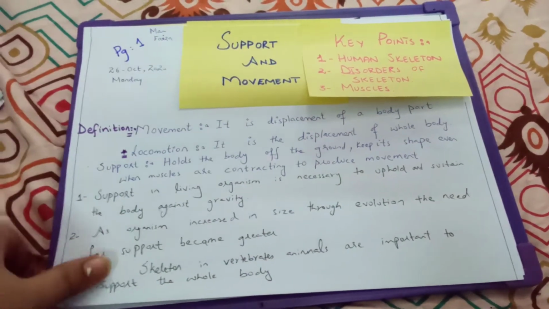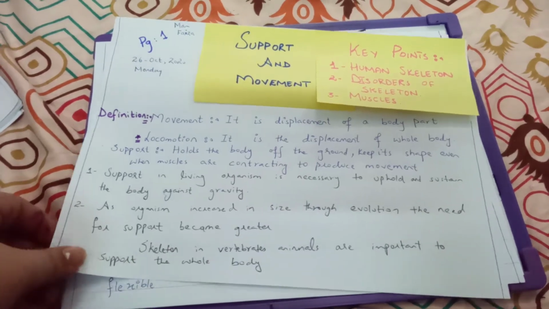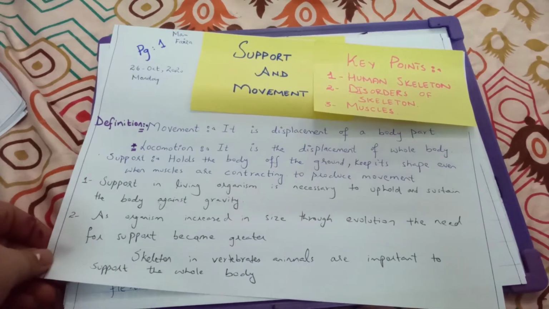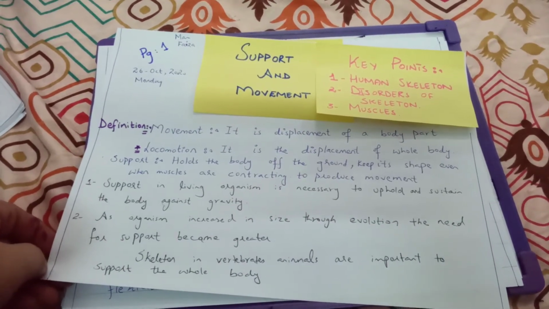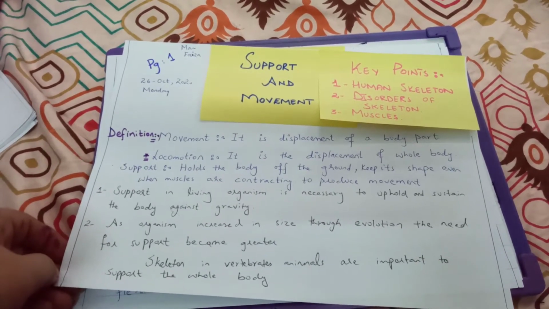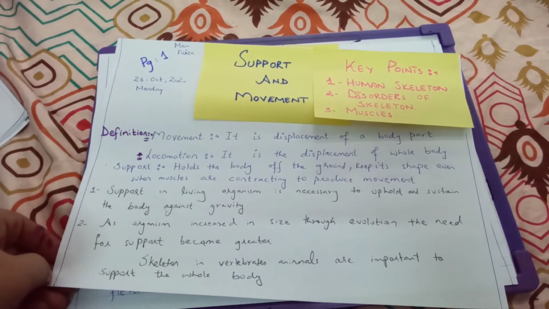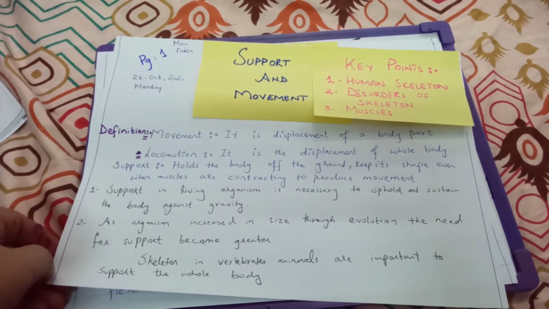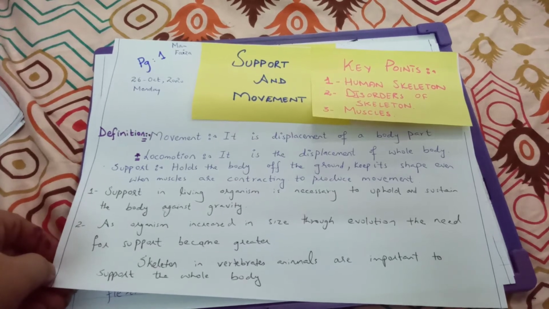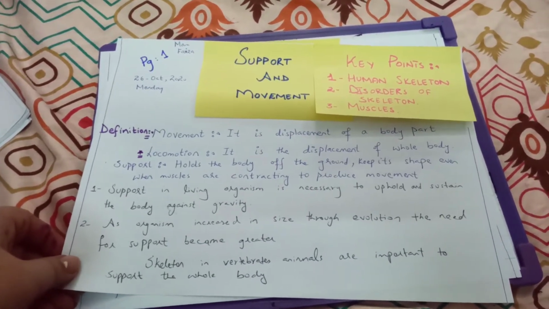All right. So the basic key point of this chapter is the human skeleton. We will study the types of the human skeleton, the parts of the human skeleton, disorders of the human skeleton, as well as the muscles, types of muscles: striated muscles, cardiac muscles, smooth muscles.